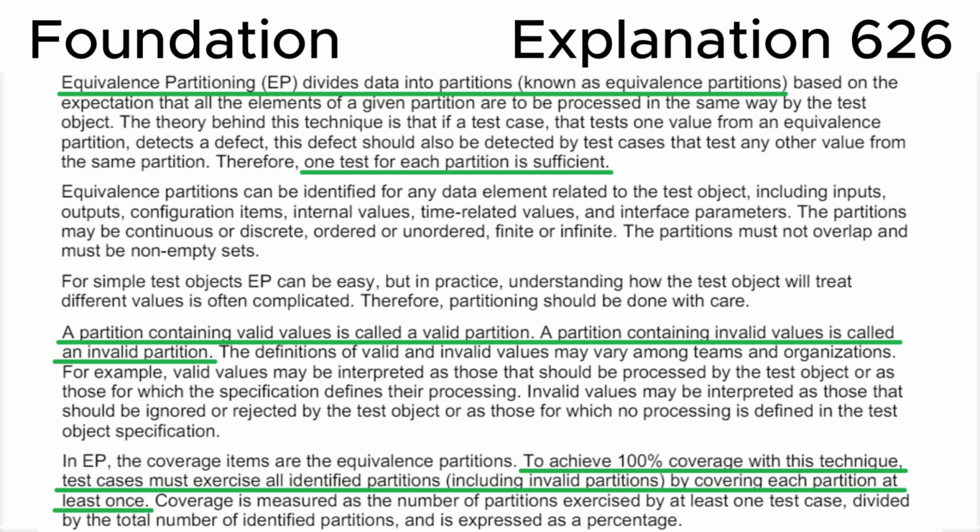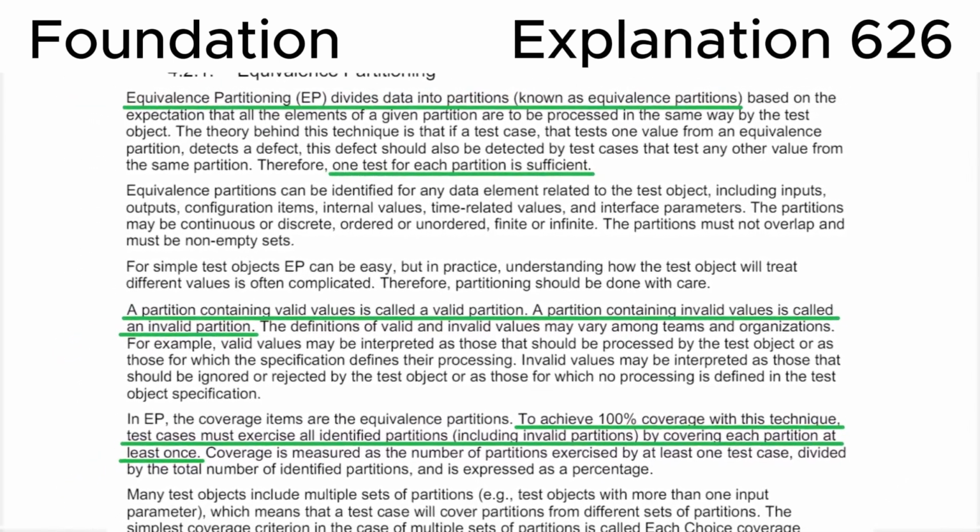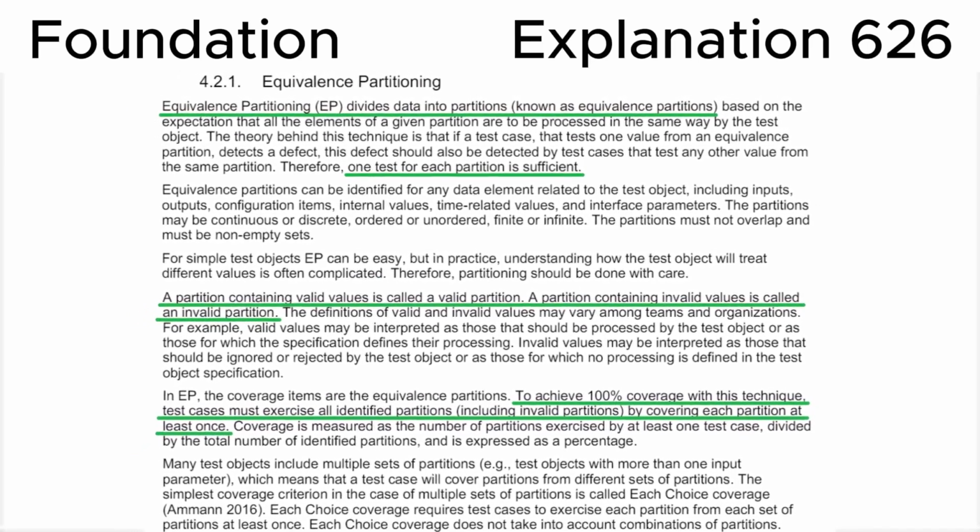A partition containing invalid values is called an invalid partition. To achieve 100% coverage with this test technique, test cases must exercise all identified partitions, including invalid partitions, by covering each partition at least once. This is fully consistent with our solution and the correct answer B.